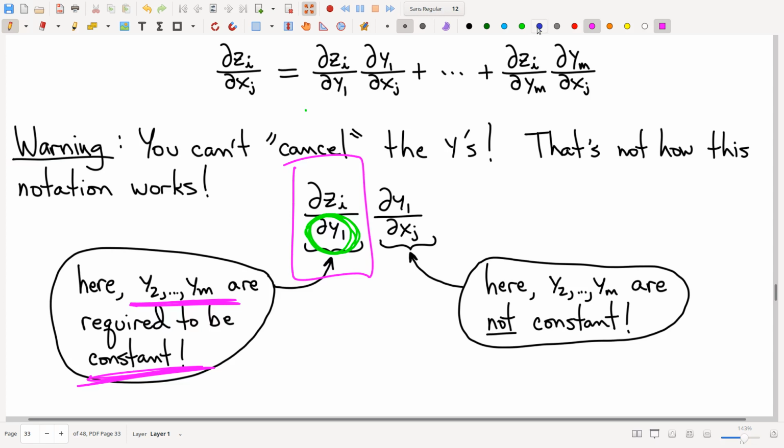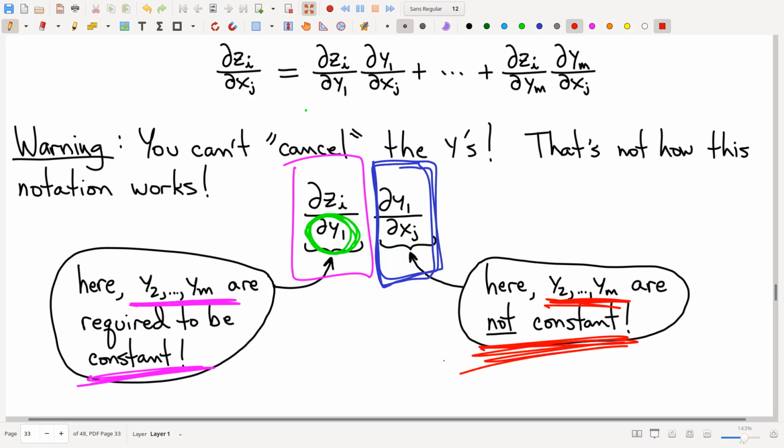Well, in this expression here, we make no such assumption. In fact, quite the contrary. This is a totally different story over here when we write this partial derivative. Completely different scenario. Here we're taking a partial with respect to xj, which means all the other x variables are constant, but then I'm changing xj, which means that as you change xj, all of the y variables will be changing.